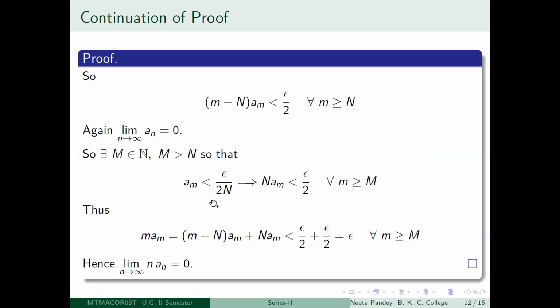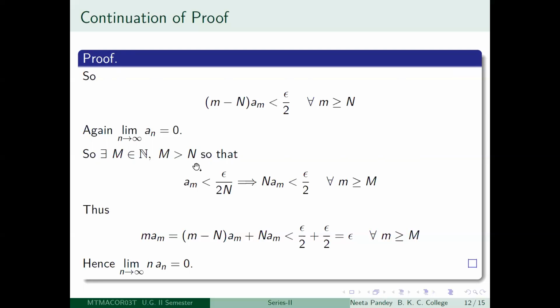So how will you do that? One way was just by taking the maximum and so on. Here what I have done is I have just chosen this capital M, after which certain things should happen, to be greater than the positive integer capital N, right? Since it will happen for at least one positive integer, it will happen for every positive integer after that, right?